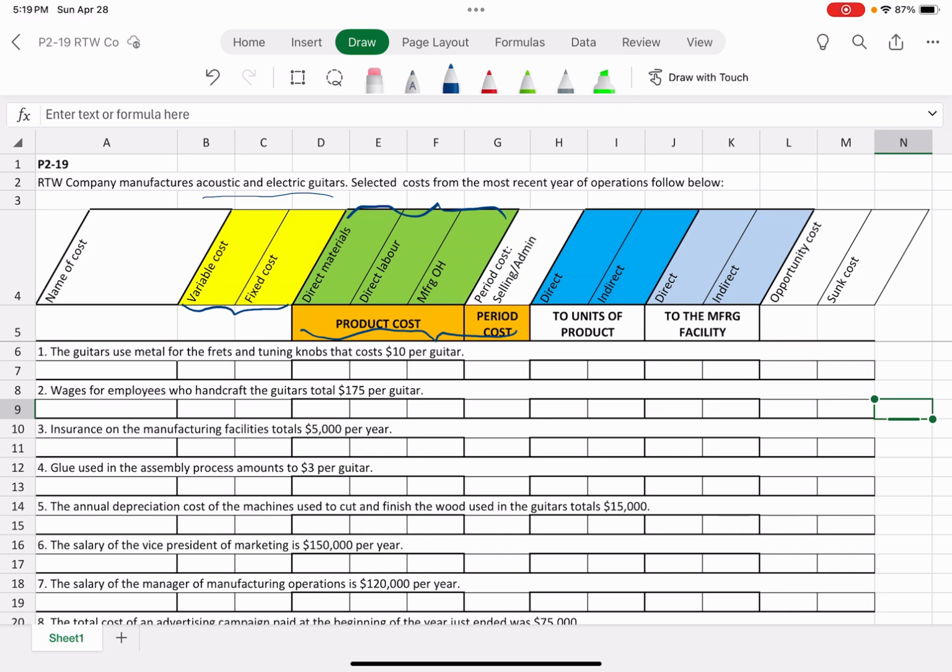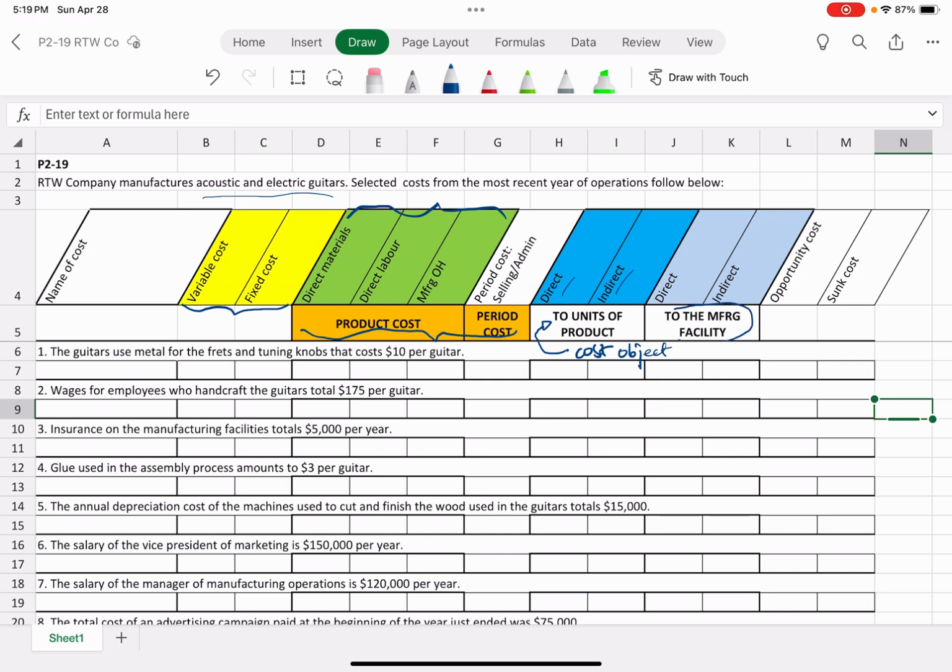Another way of looking at costs is by considering whether they are direct or indirect. An element that's really important in making this decision is the cost object that you are referring to when you say it's a direct or an indirect cost. The textbook itself used the units of product as the cost object.